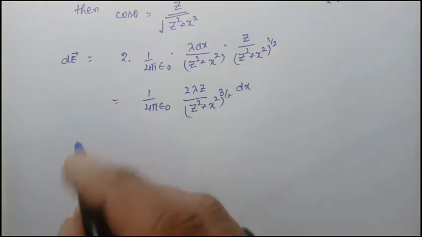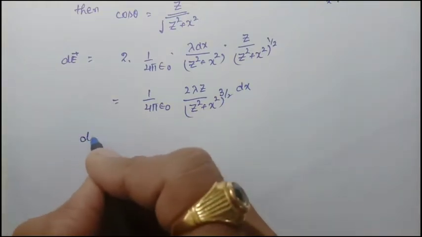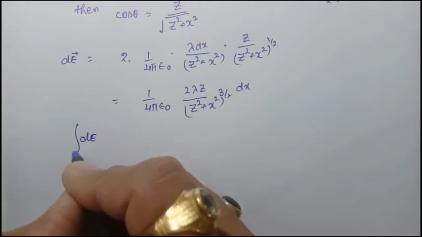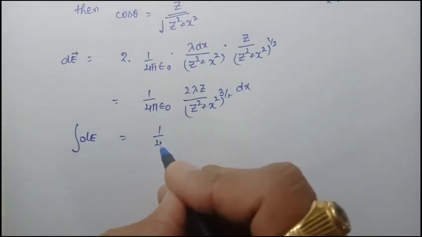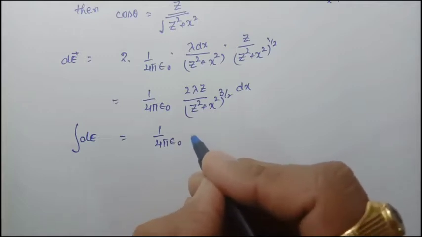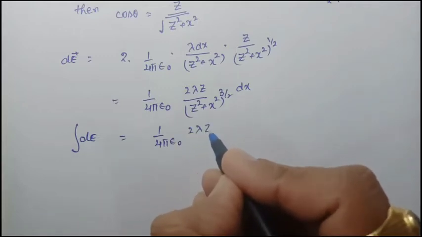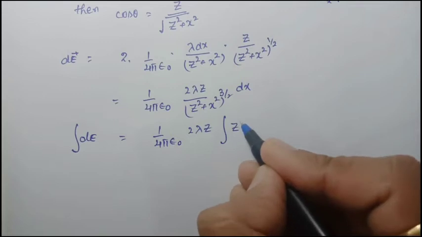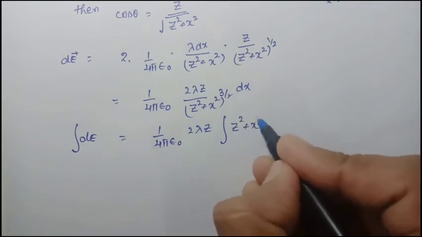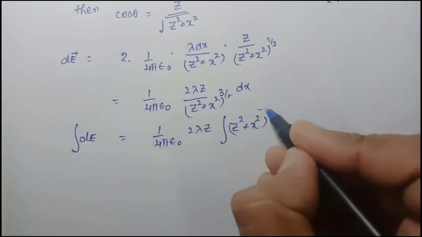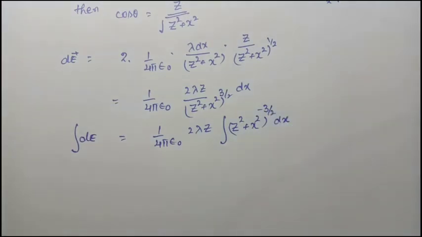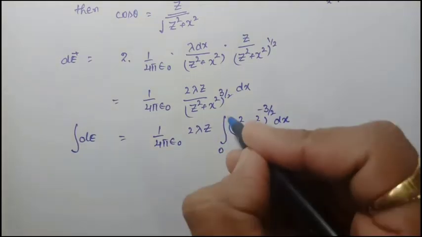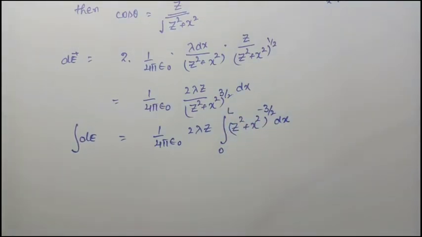So when we integrate this, we can write E equals 1 over 4 pi epsilon naught, 2 lambda z, integral of z square plus x square to the power minus 3 by 2 dx, and here the limit varies from 0 to L.